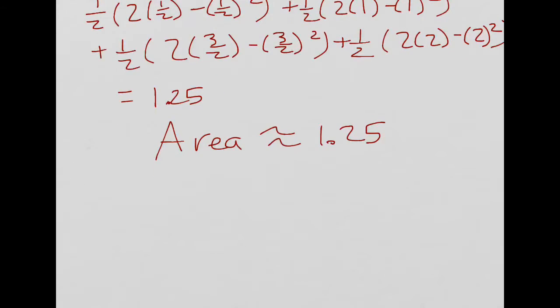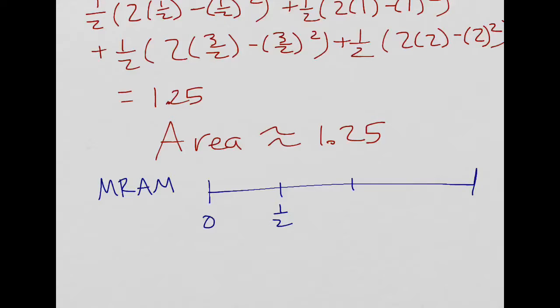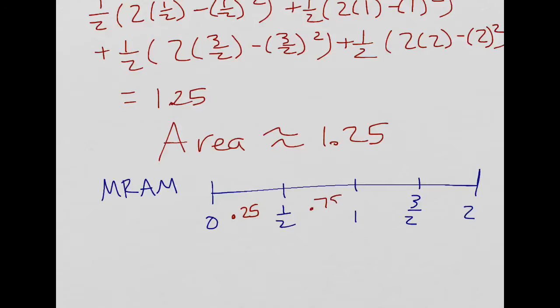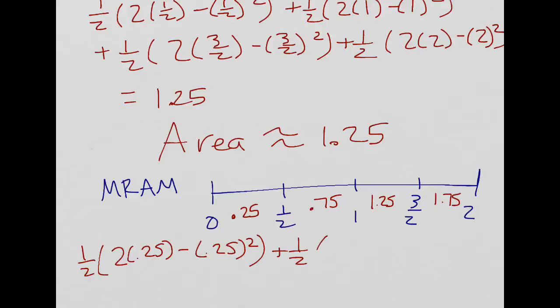It then asks you to do MRAM. So this one, from 0, 1/2, 1, 3/2, and 2, I'm going to use the midpoints. So it's easier for me to think of these in terms of decimals. It may not be for you. Whatever works though. So you're going to use 1/2. So 2 times 0.25 minus 0.25 squared plus 1/2. You're pretty smart people.